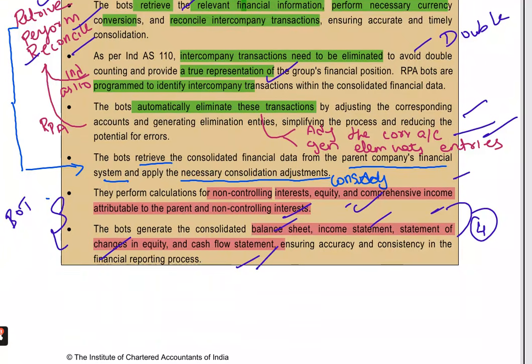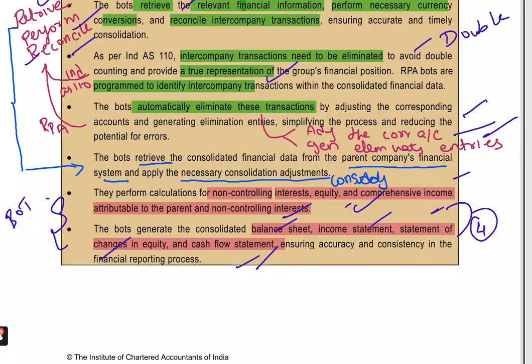The RPA does this by eliminating the transactions, generating the elimination entries and adjusting the corresponding accounts, and finally it also does the consolidation adjustments in the parent's book.